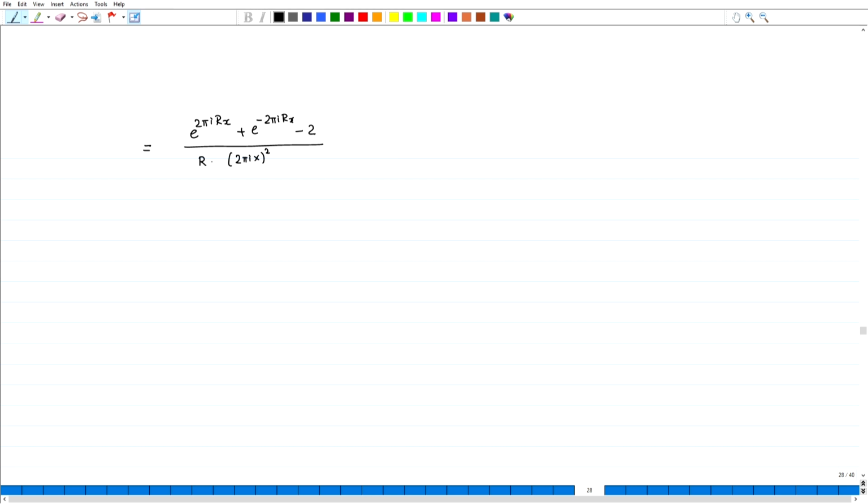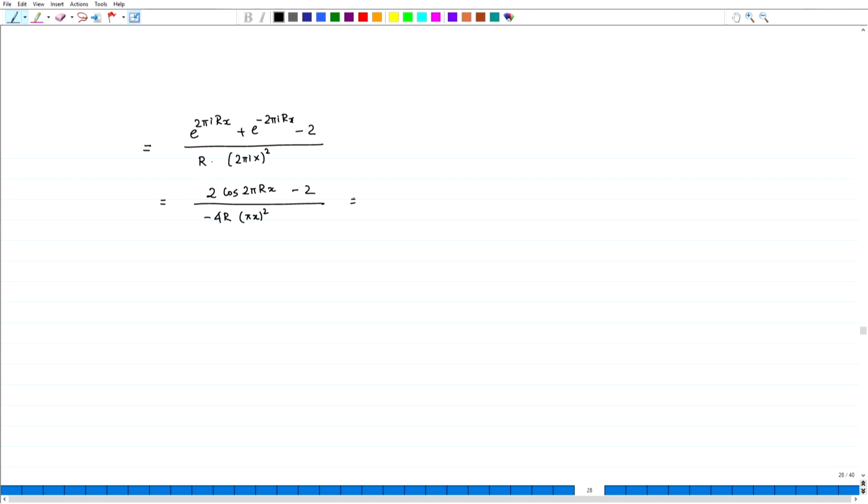So, this is 2 cos 2 pi r x minus 2, divided by minus 4 r pi x square.